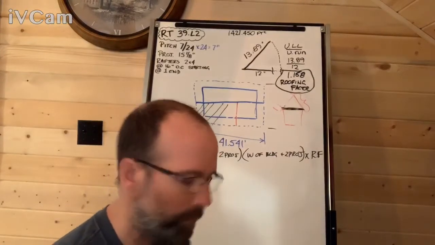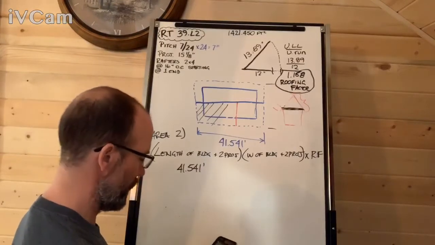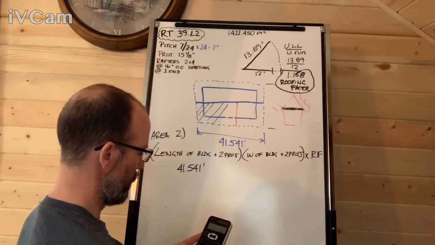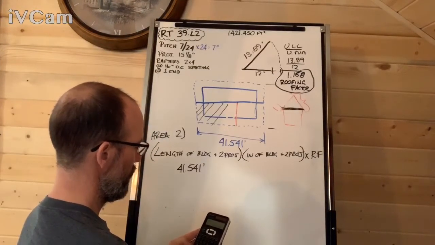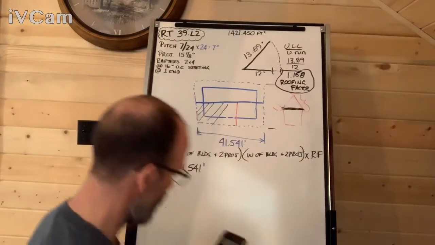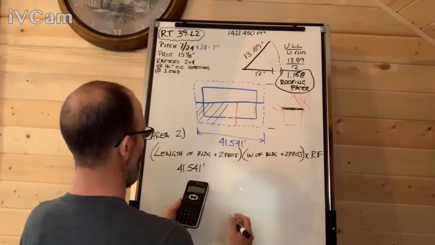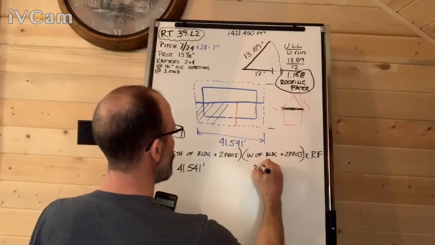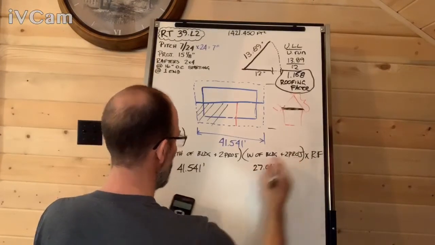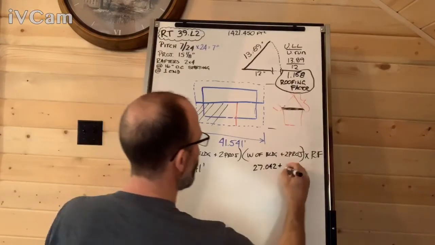Let's punch it in. 27 foot 0.5 inches, half an inch, divided by 12. Plus my 27. How wide, pardon me? 27.042 plus 1.26 feet times 2, 2.52 feet.